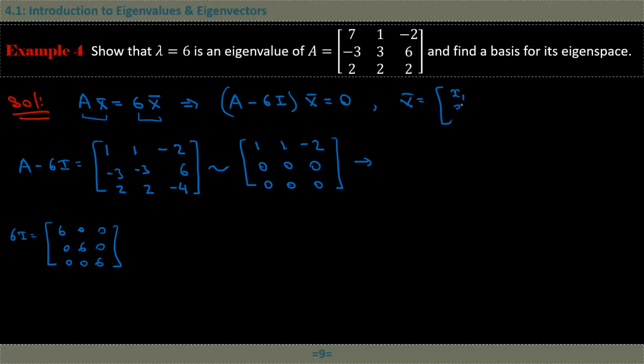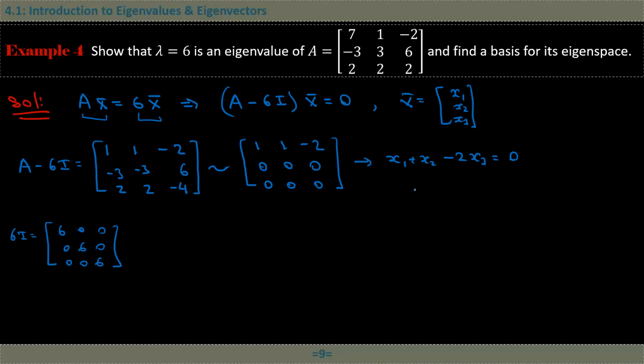So here we have x1 plus x2 minus 2x3 is equal to 0. Three variables and one equation, so we have 2 independent variables.